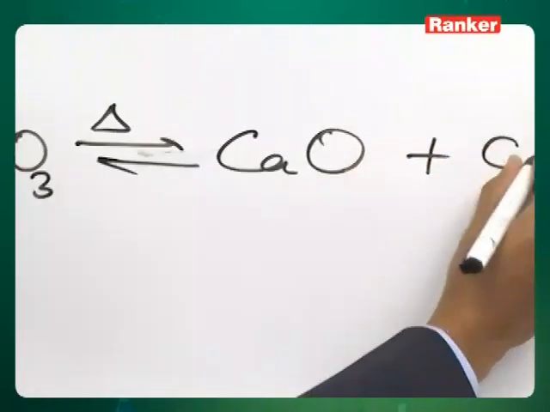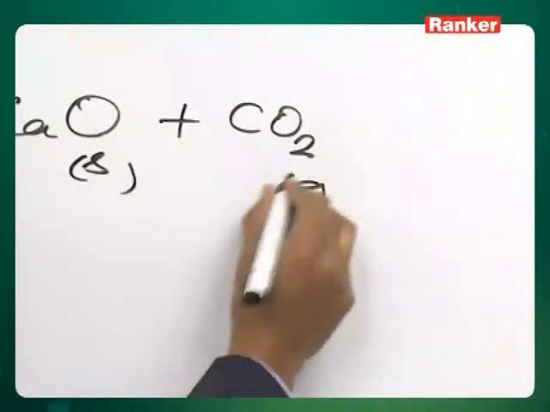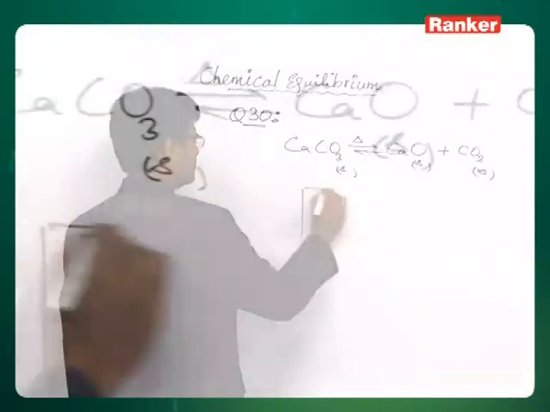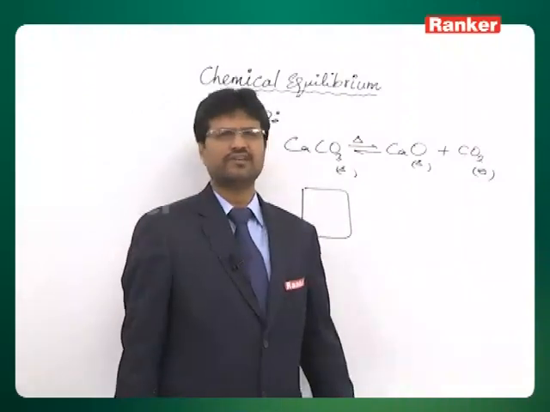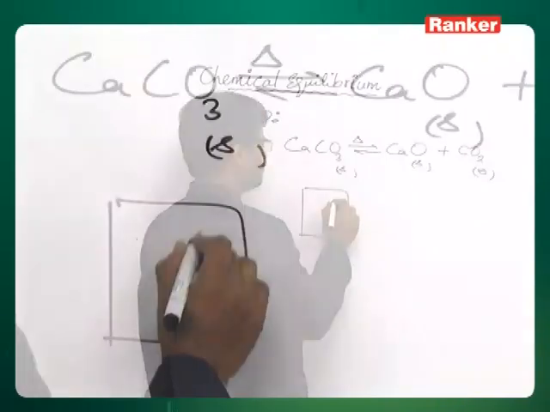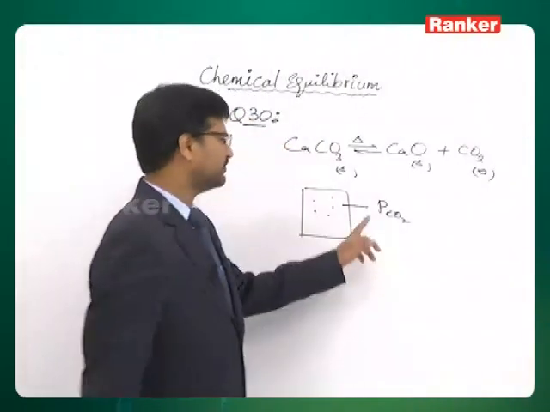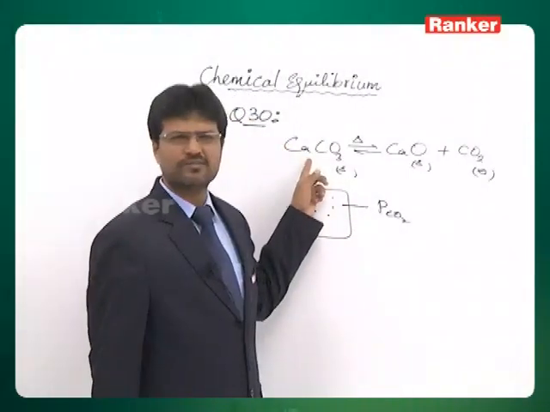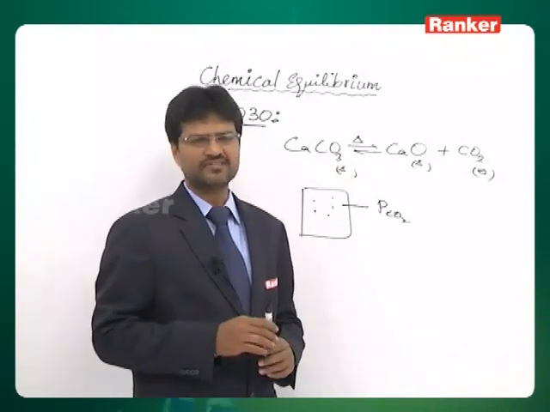CaCO3 gives CaO plus CO2. This is a solid, this is a solid, this is a gas. Now you are heating it in a closed vessel. So any increase in the amount of CaCO3 will not increase the pressure due to carbon dioxide. The pressure due to carbon dioxide is independent of the amount of calcium carbonate because this is a solid, its activity is always taken as 1.